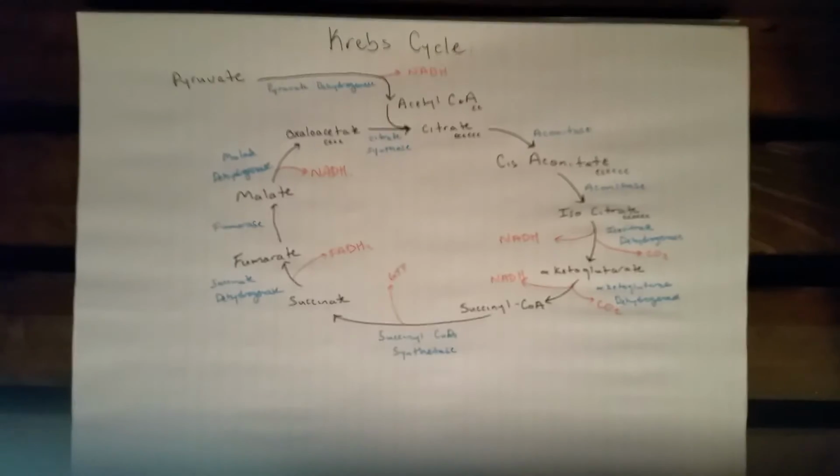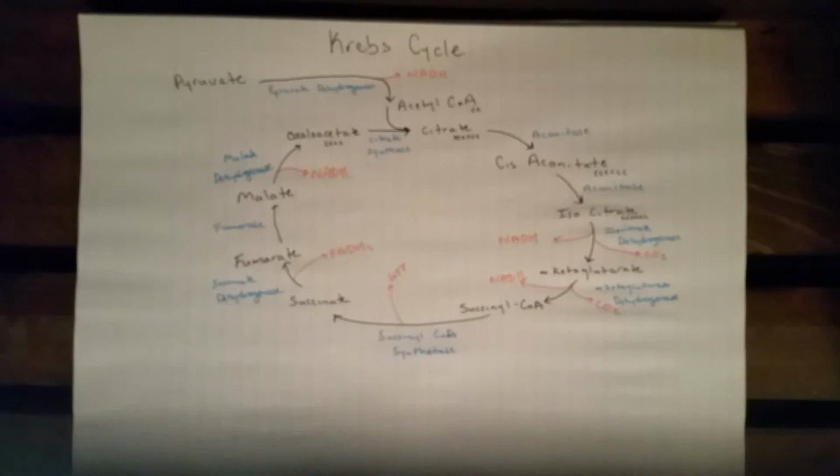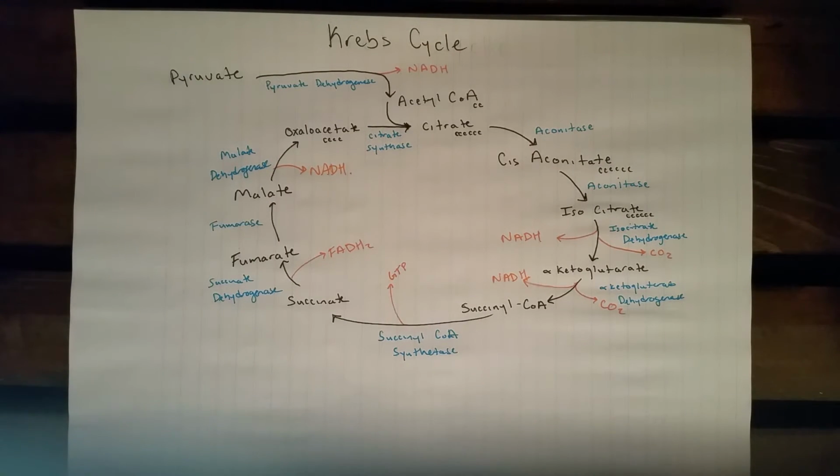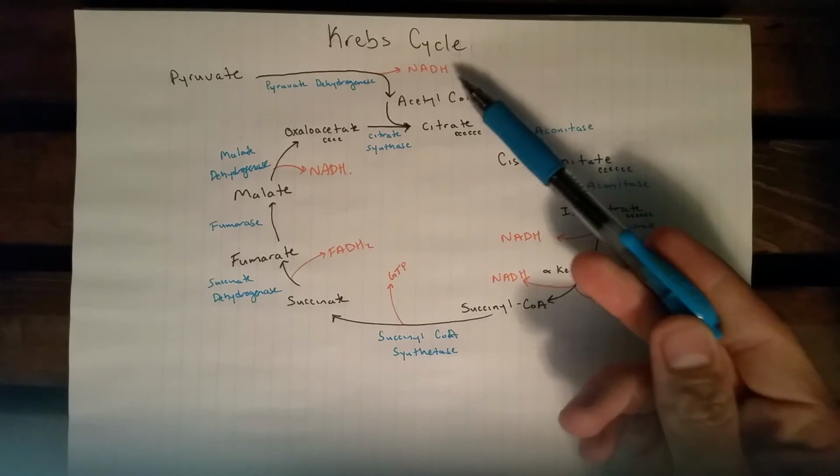So here we go now. There we go. So right here we have everything written out as far as how this cycle goes. So remember, everything's now times 2. So we get 2 pyruvates coming in, and then that creates 2 NADHs right from the get-go, right up here.